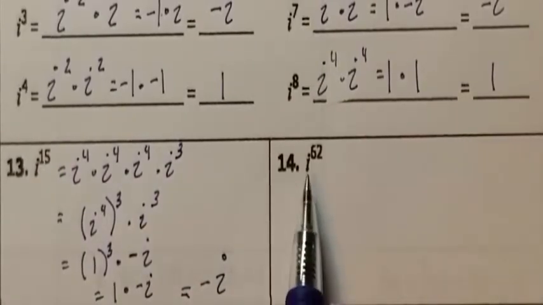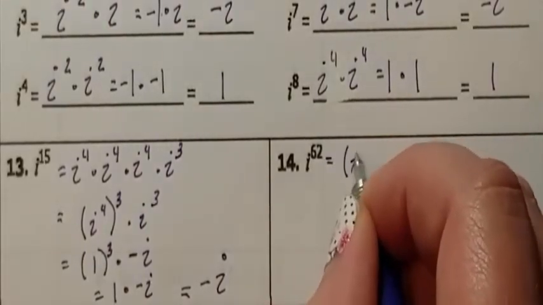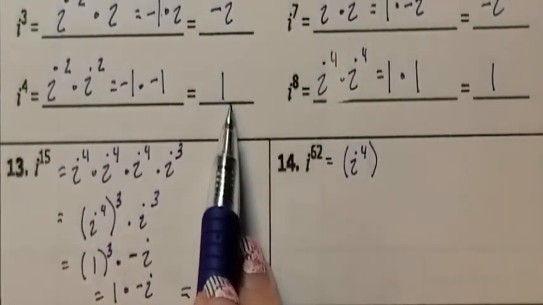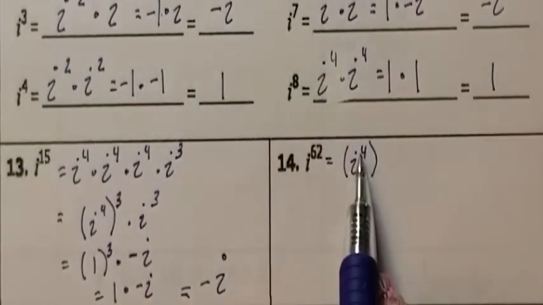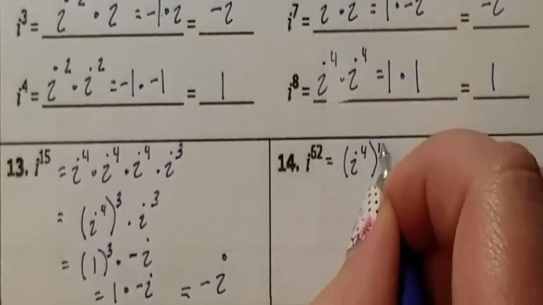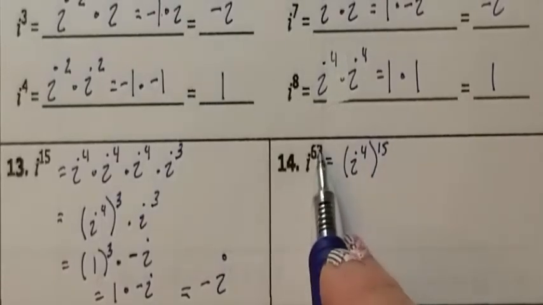Let's go ahead and try i to the 62nd. How many groups of 4, because we noticed every round of 4, it's 1. So how many groups of 4 can I get to get really close to 62? Well, I know that 15 groups of 4 would give me 60.